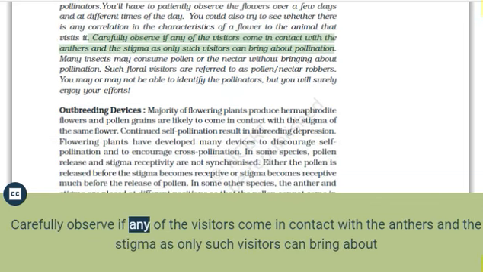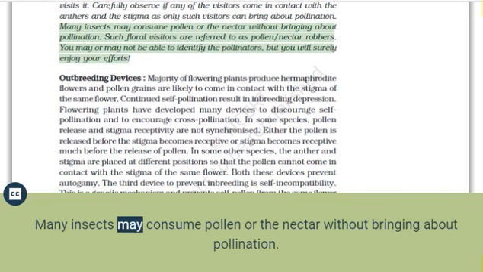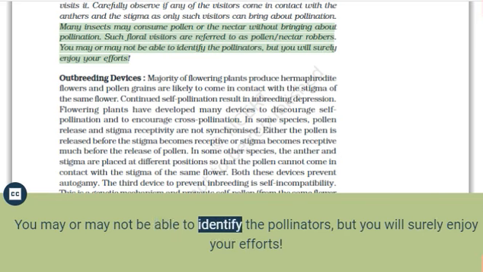Carefully observe if any of the visitors come in contact with the anthers and the stigma, as only such visitors can bring about pollination. Many insects may consume pollen or the nectar without bringing about pollination. Such floral visitors are referred to as pollen/nectar robbers. You may or may not be able to identify the pollinators, but you will surely enjoy your efforts.